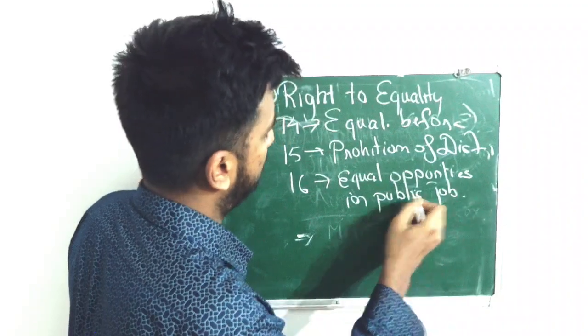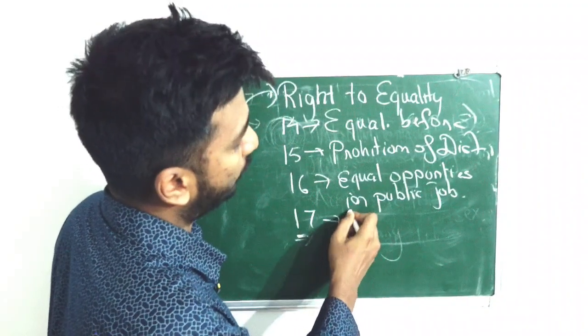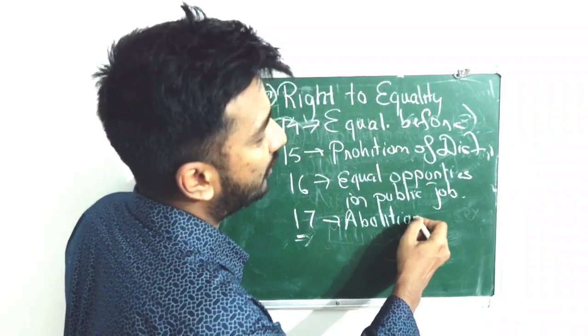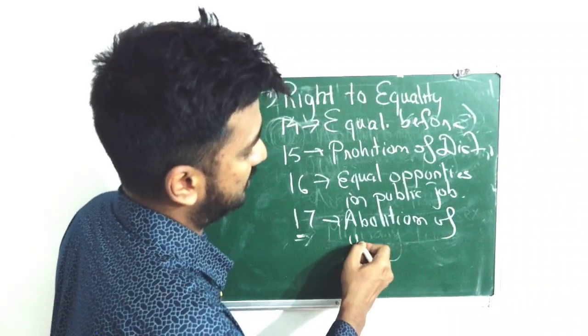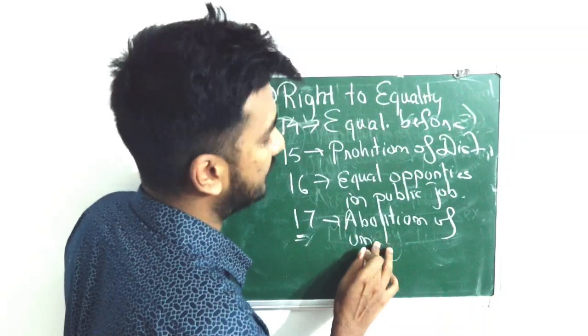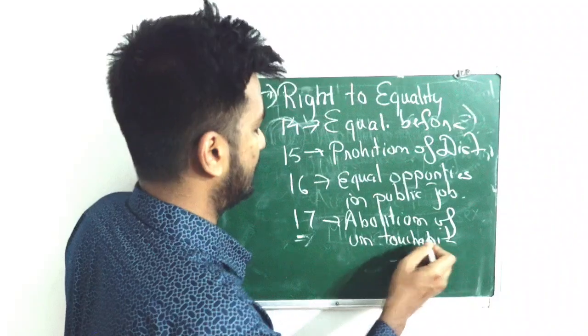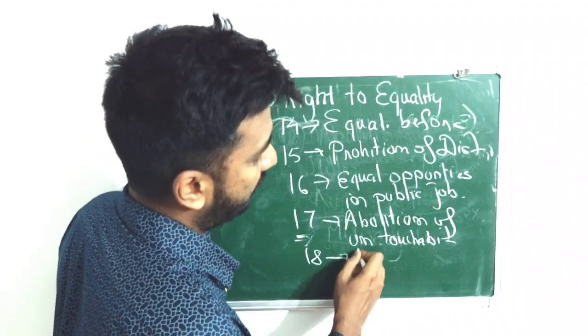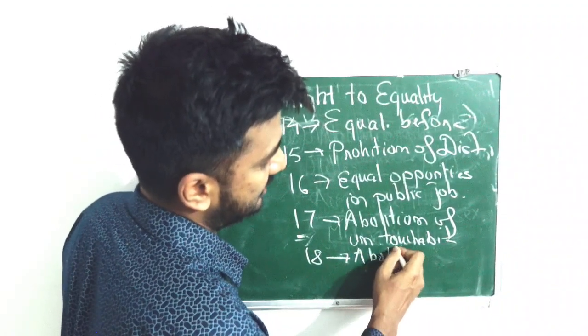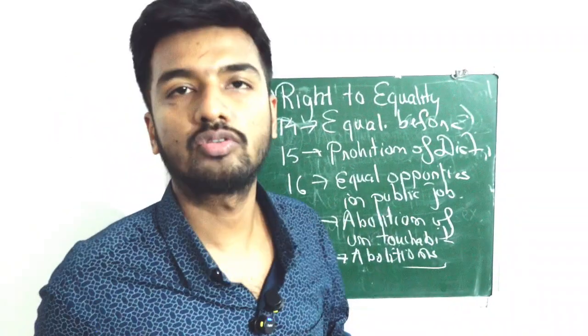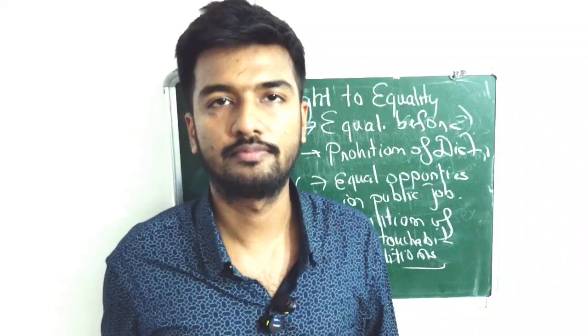Article 17, abolition of untouchability. And the last is abolition of titles. So this is all about right to equality.